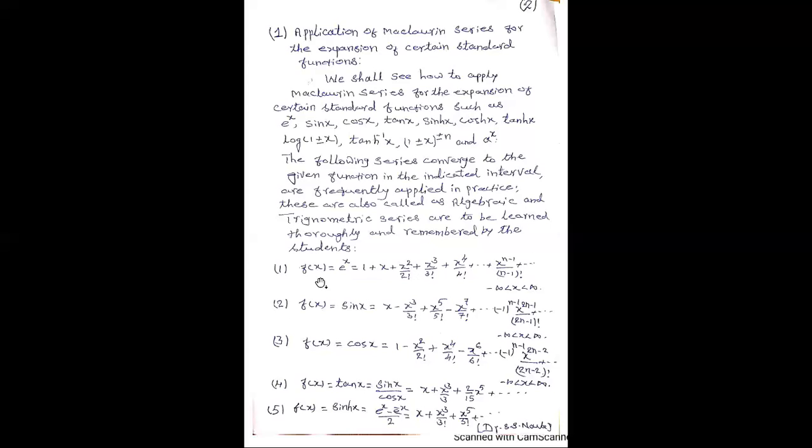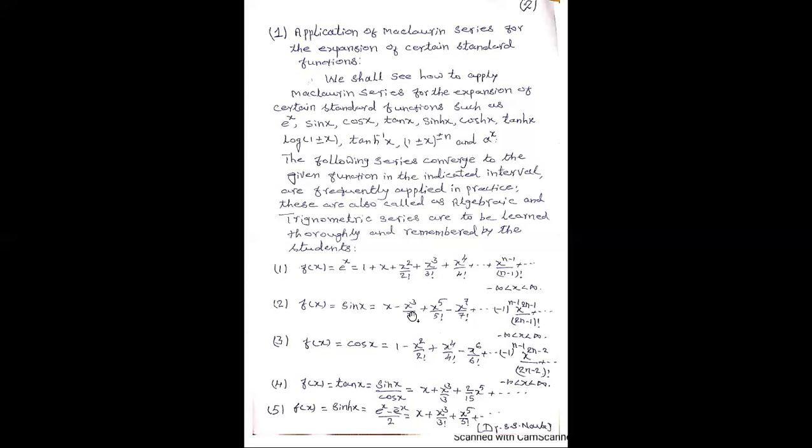Now similarly, the second function is f of x is equal to sin x is equal to x minus x cube upon 3 factorial plus x to the power 5 upon 5 factorial minus x to the power 7 upon 7 factorial. Again, if you see this, you are having all odd powers of x, x to the power 1, x to the power 3, and alternate signs, positive, negative.